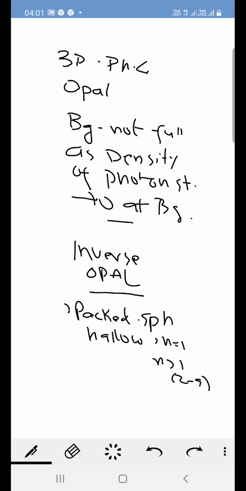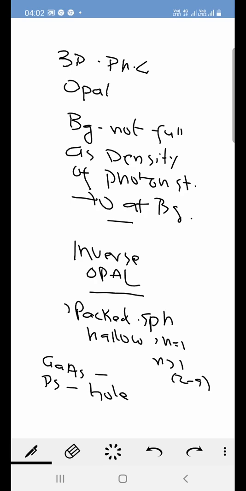Another way with polystyrene spheres is to fill the interstitials with gallium arsenide. And then the polystyrene is burned to leave a hole.